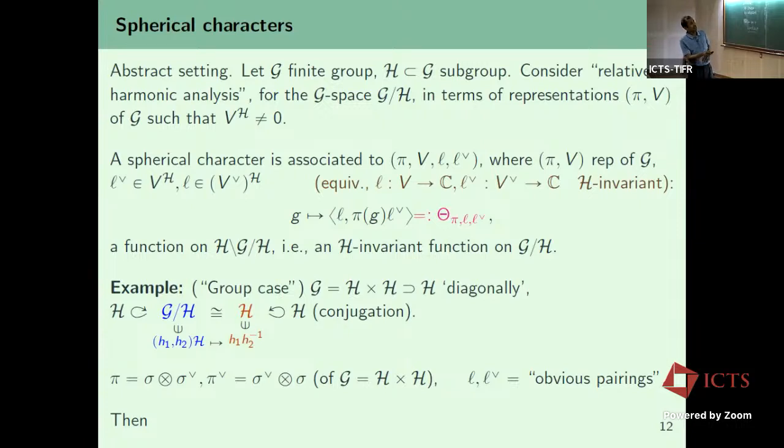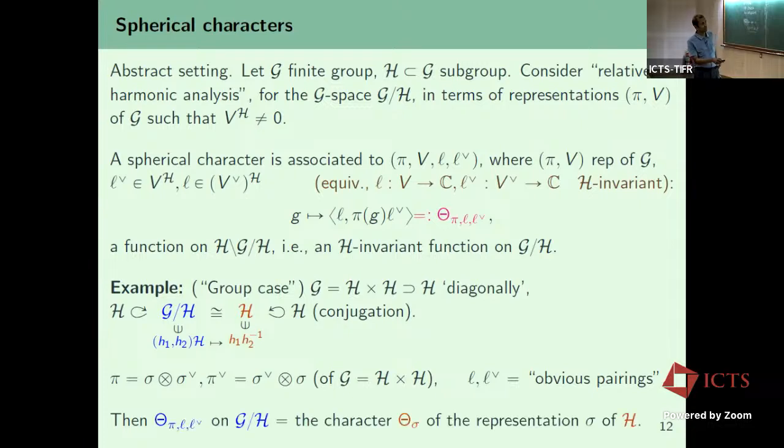And what can you take l and l check as? You need such H-invariant pairings. You can take them to be the obvious pairing between sigma and sigma check, or sigma check and sigma. If you take this specific example, what is the spherical character you get? You can compute that the spherical character you get on G mod H, remember, G mod H is identified with H, as a conjugation invariant function on H, is simply the character of the original representation sigma.